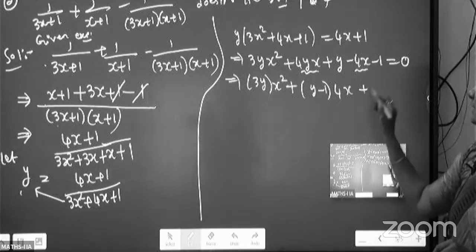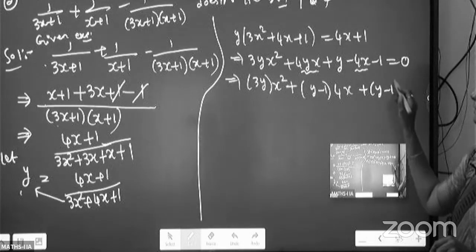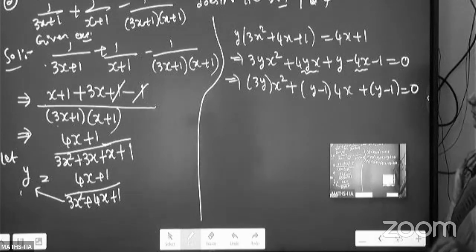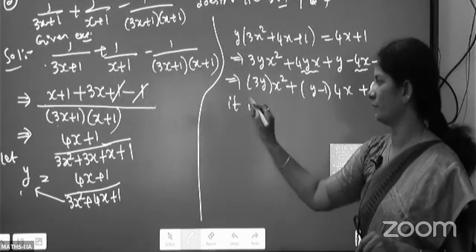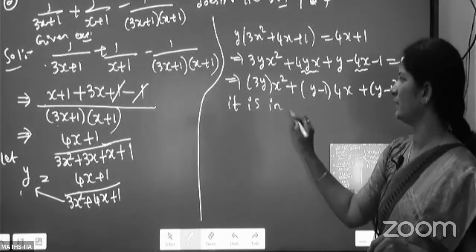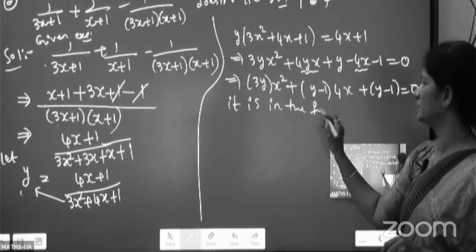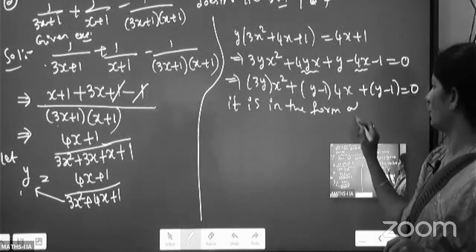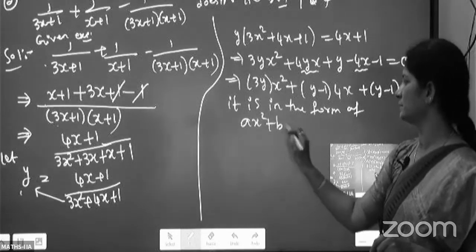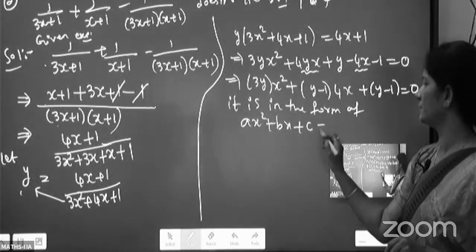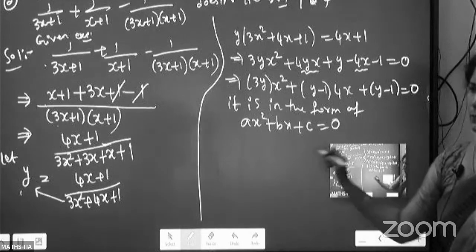And plus again, the constant, y minus 1 is equal to 0. If you observe, it is in the form of ax square plus bx plus c is equal to 0. It is a quadratic equation, right?